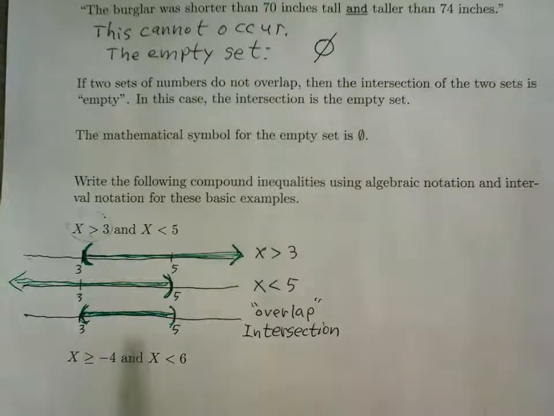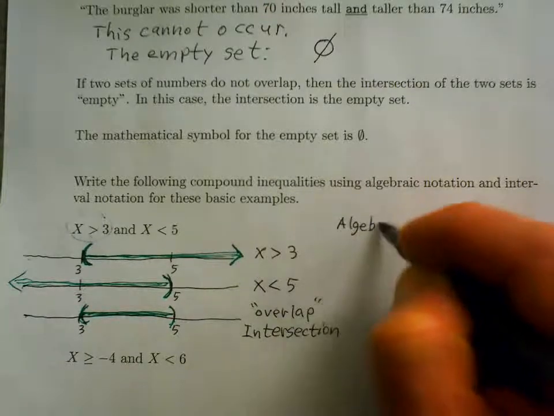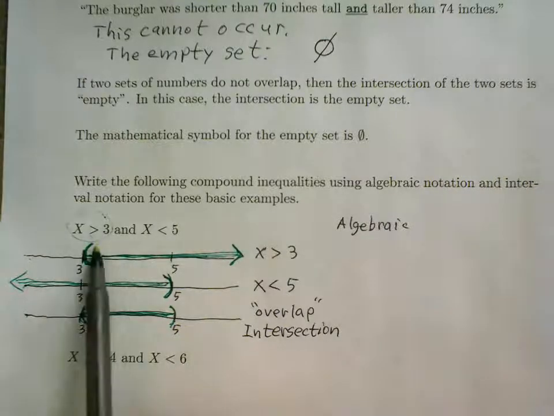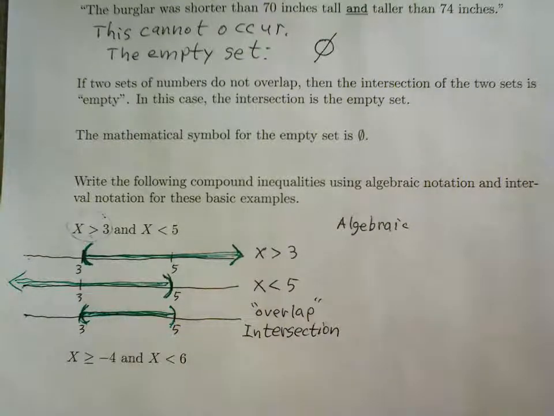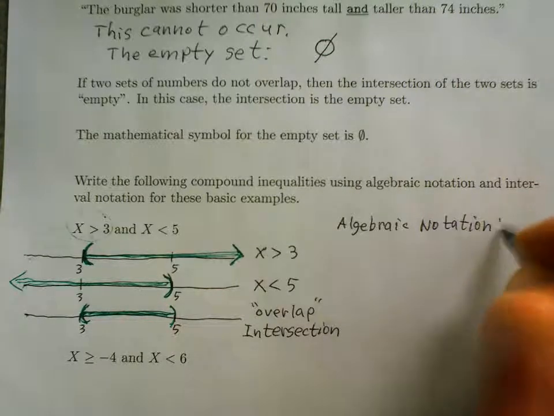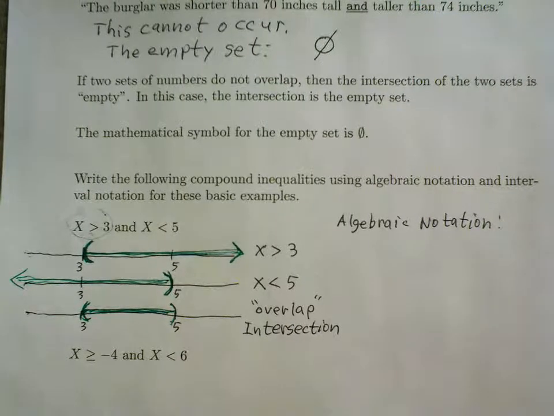Okay, so the algebraic notation: what's the algebraic notation for x is greater than 3 and x is less than 5? You can type that in if you know what the answer is.